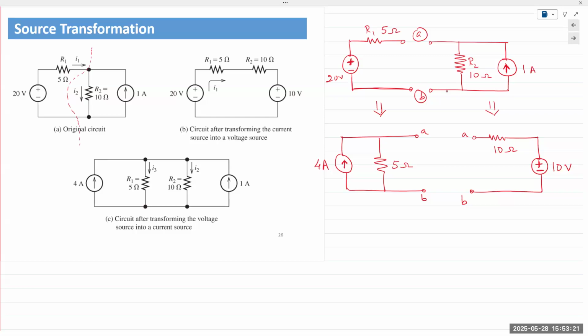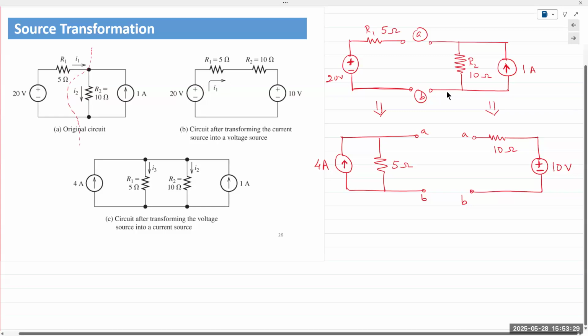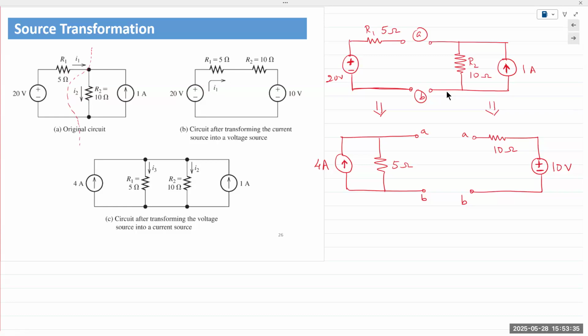Okay. All right. So let's see how we can actually determine the value for I1 when we transform just the right side of the circuit into a voltage source. If we do that and try to solve for this, what do we notice?